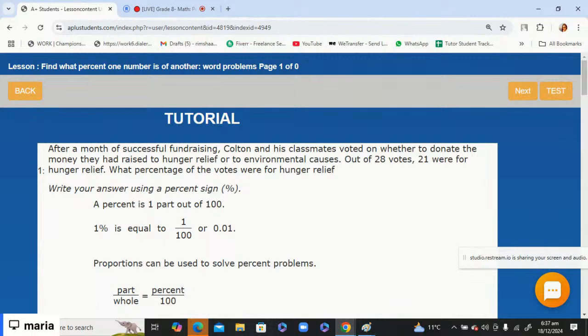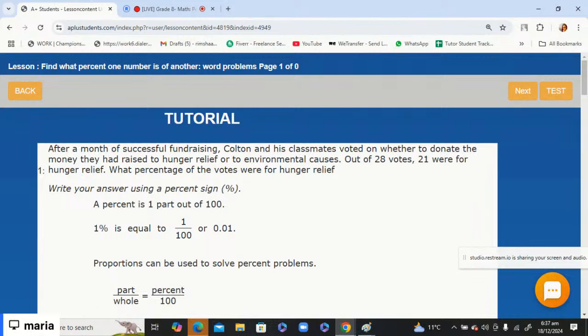Out of 28 votes, 21 were for hunger relief. What percent of the votes were for hunger relief?